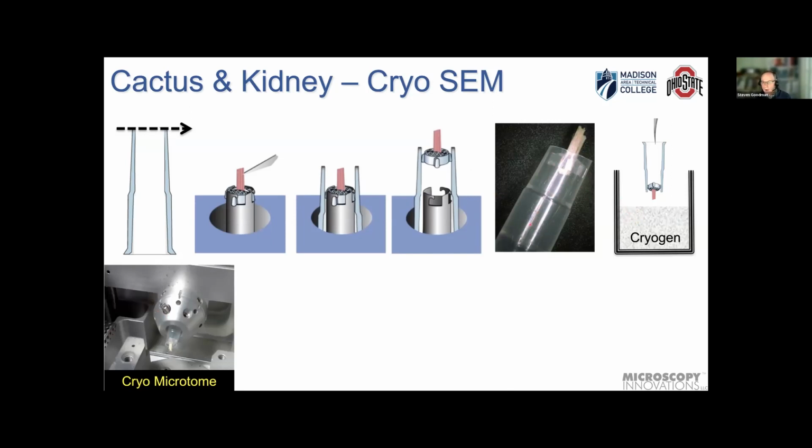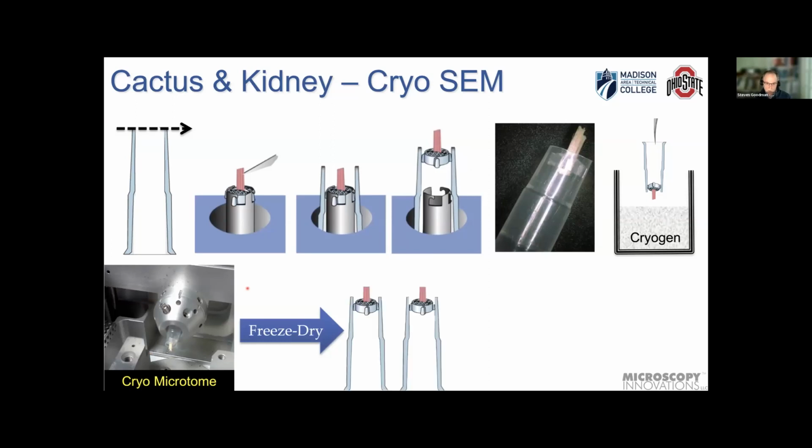So this part of the specimen was filled with water, which is now ice, so they could clamp this directly into the cryomicrotome and cut a face across this to expose what the insides of, in this case, the cactus and the kidney look like.